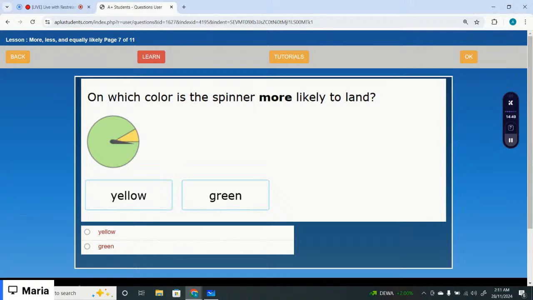More likely to land on green. The correct option is green. Very good. Option number 2 is the correct option.